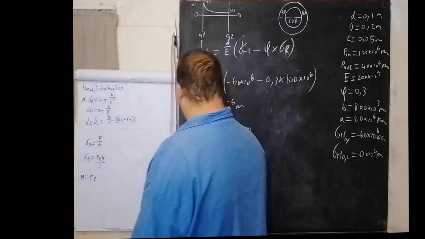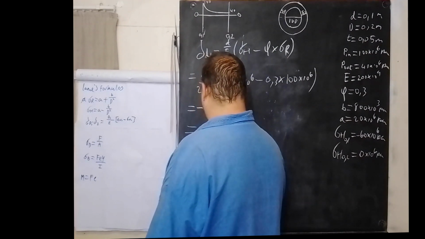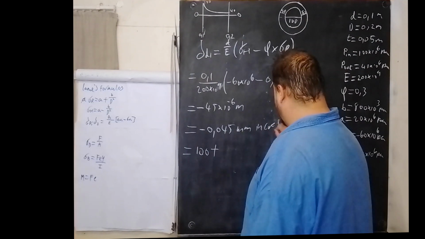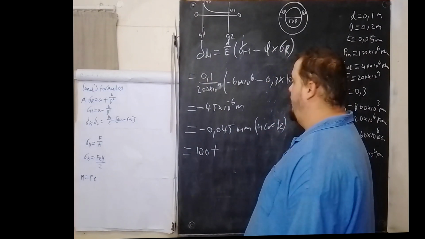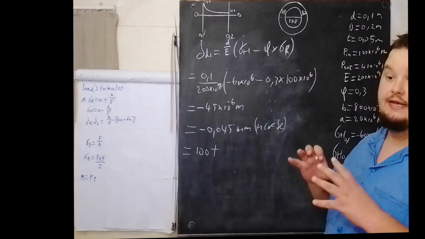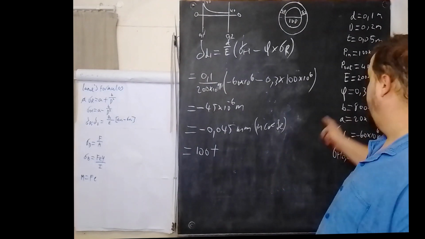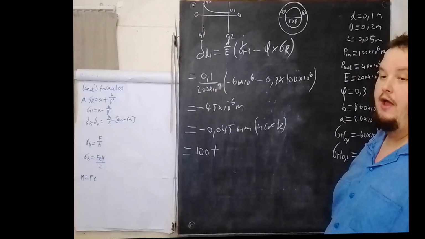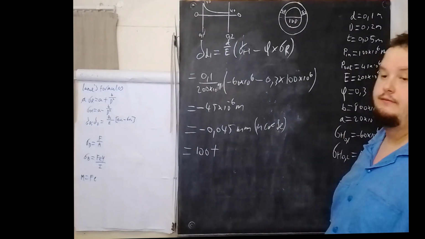Now we take 100 plus this, because this is an increase. Because of the internal pressure, it's expanding. The next one will also expand because it is an external pressure. However, the internal pressure is much greater, so it'll still expand.